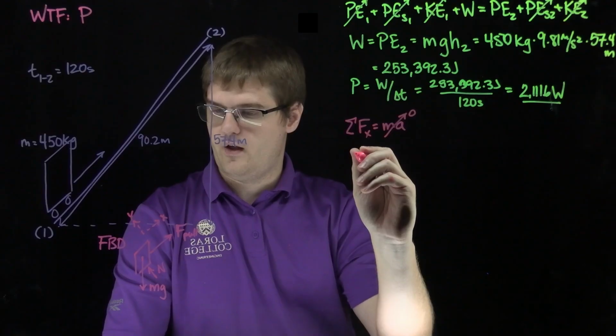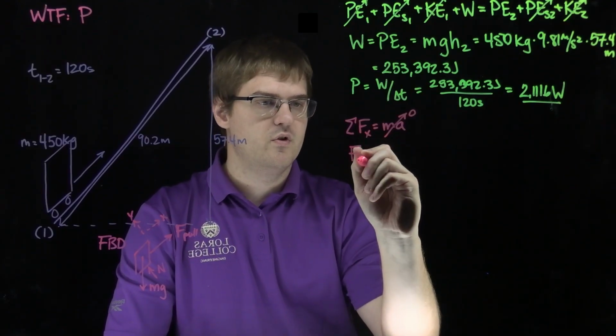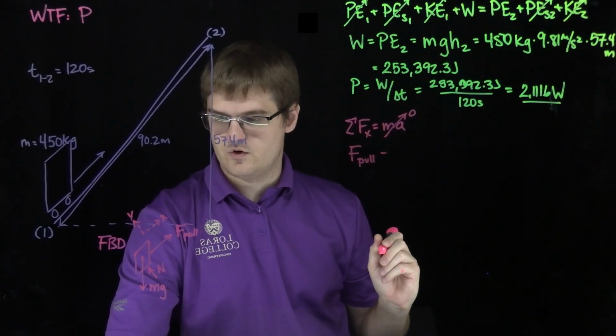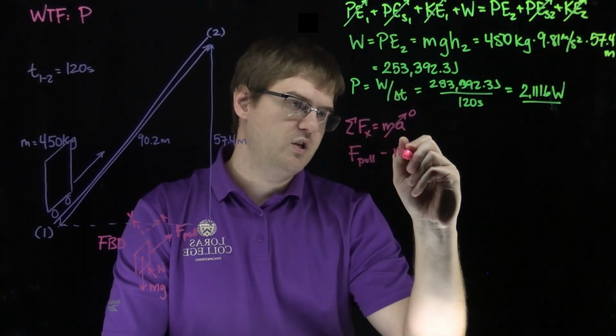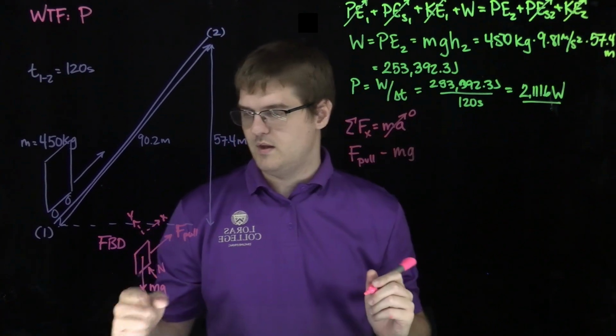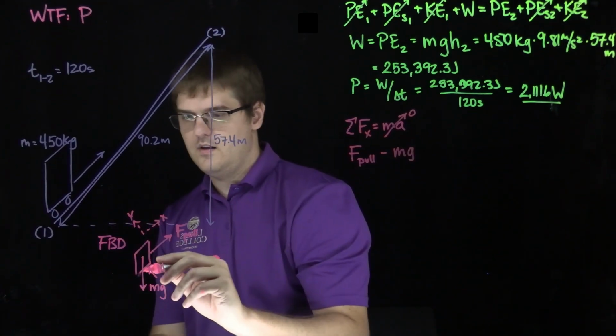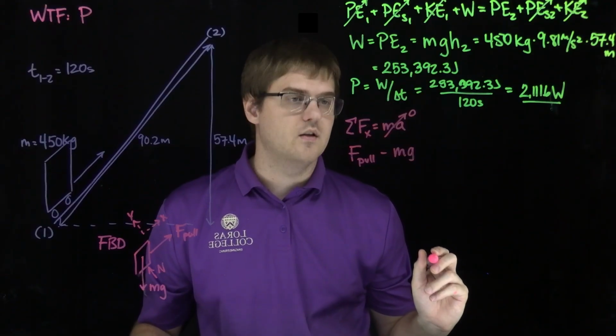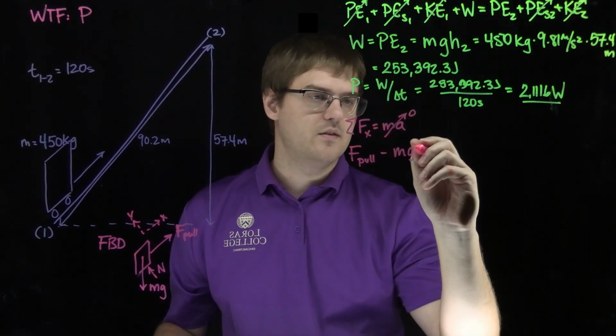I have a force pull in the positive direction, and in the negative direction, I've got mg, and this is going to be sine because this angle is this angle, and I don't actually have that angle yet. So this is sine theta.